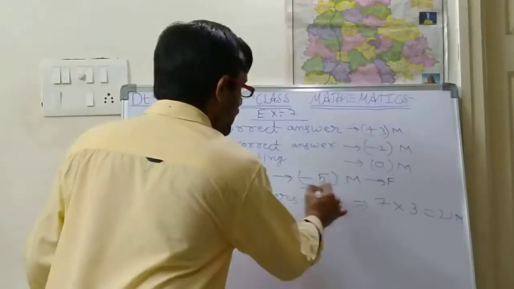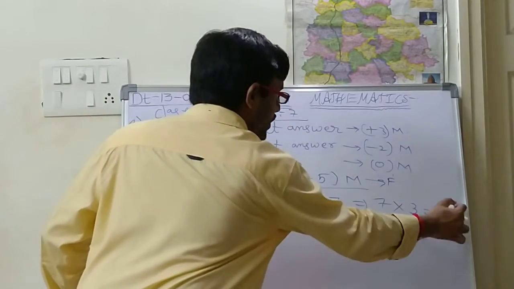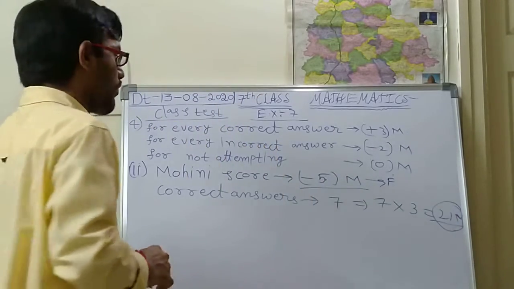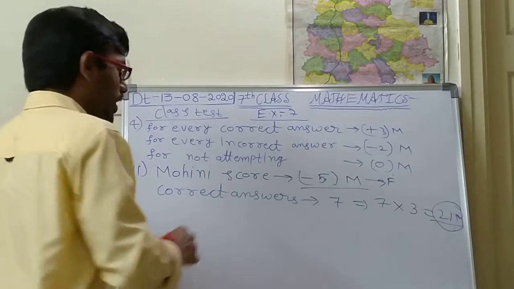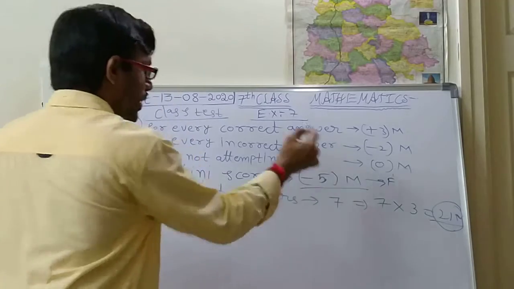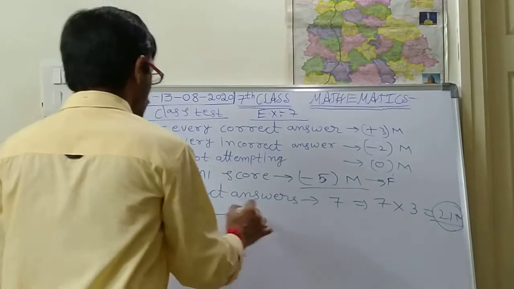So here this is marks and this is marks. First we have to subtract these two. So my 21 marks and minus 5 marks. So 21 minus 5, sorry, not 25, only 5. What is 21 minus 5?